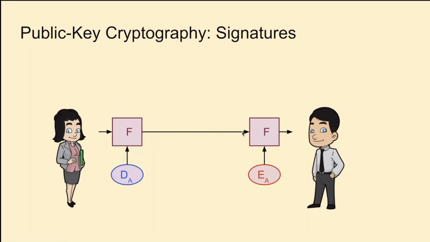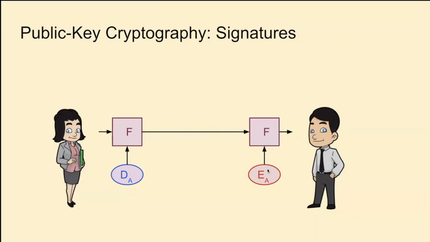So if, when Bob receives the resulting message, he can put Alice's public key, which of course he knows because everybody knows that key, into this function and get back an intelligible message, Bob can rely on the fact that Alice is the only person in the world who could have actually encrypted a message in such a way that it would successfully decrypt with her public key.